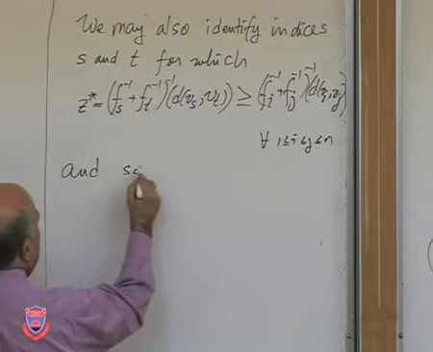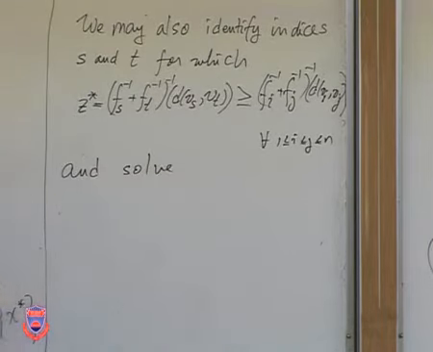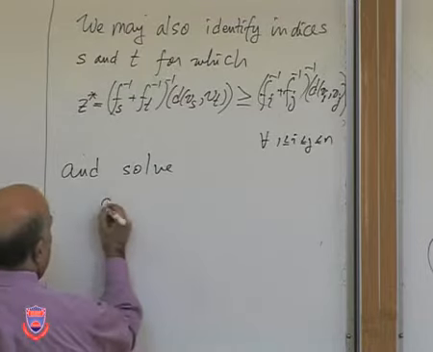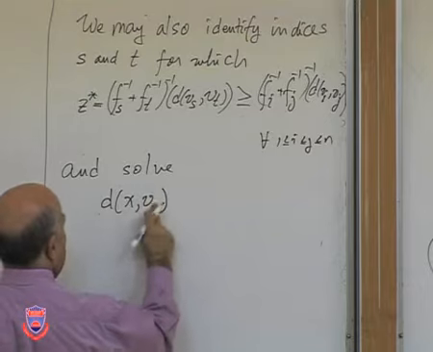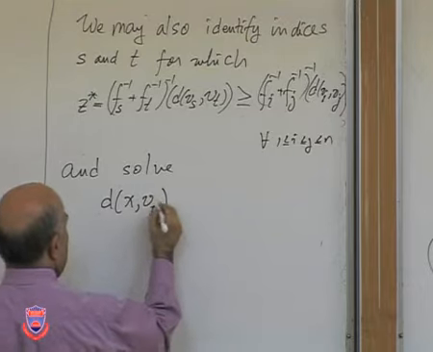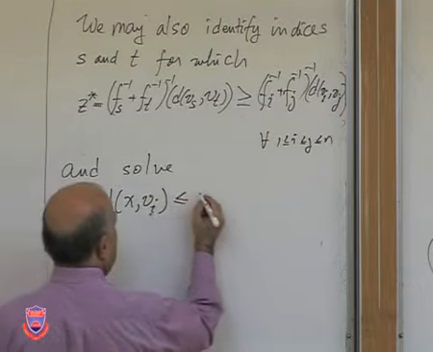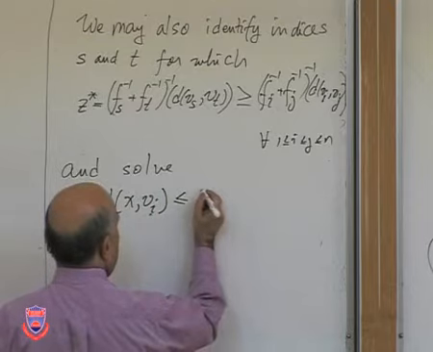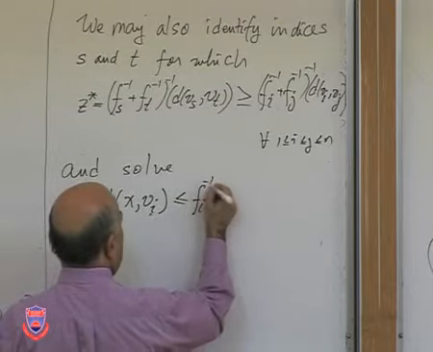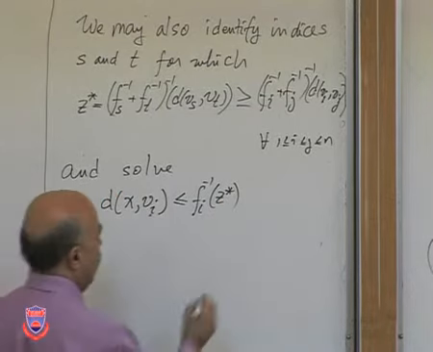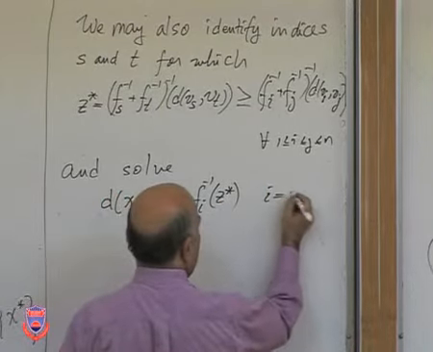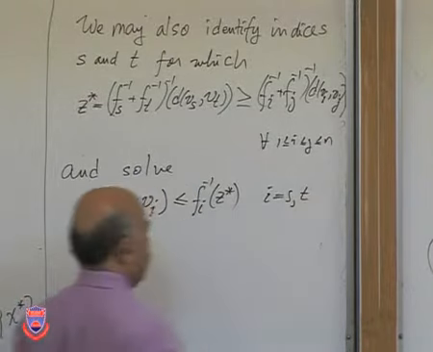and we solve the two distance constraint problem having distance x to vi less or equal to fi inverse of z star. z star is a known number now, for i equals either s or t.